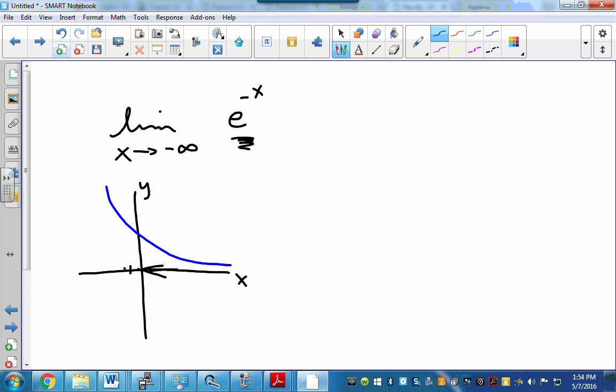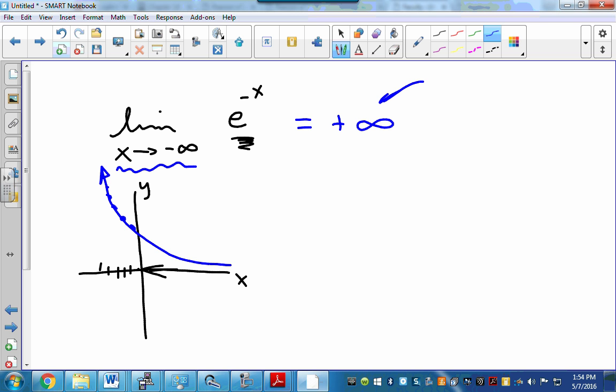Okay, so as x goes this way, further and further out, it's pretty clear that this function is growing and growing and growing, and in fact, it grows very, very quickly. So we can say this limit equals positive infinity. We can say that. So this is a limit at infinity, and it happens to be an infinite limit.